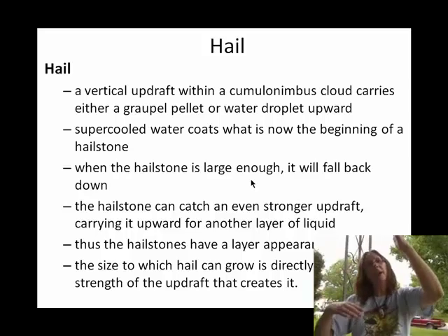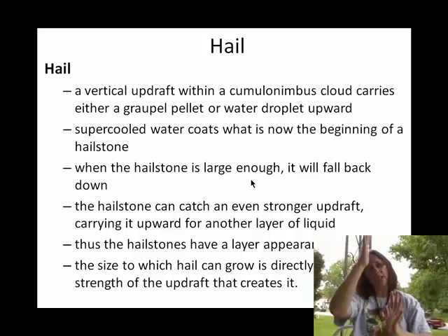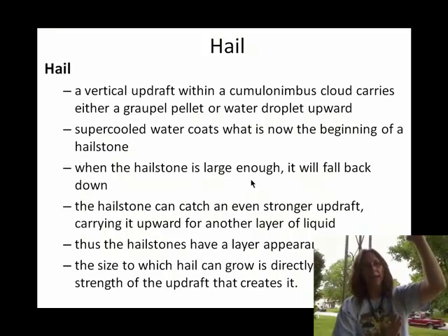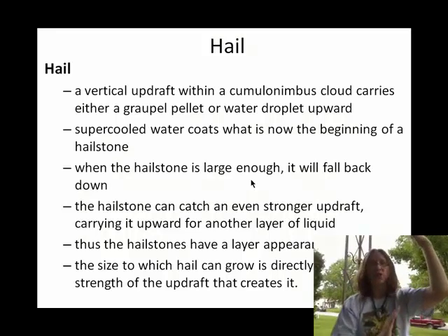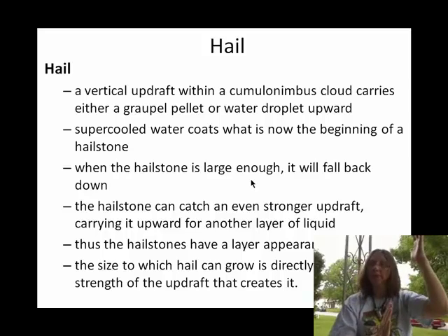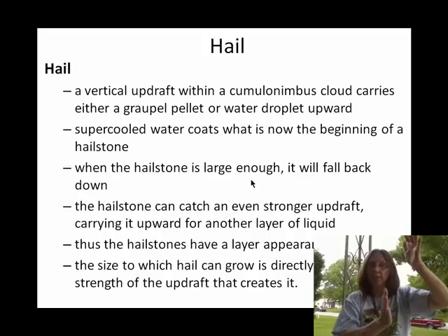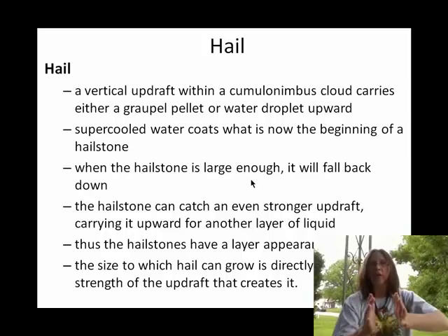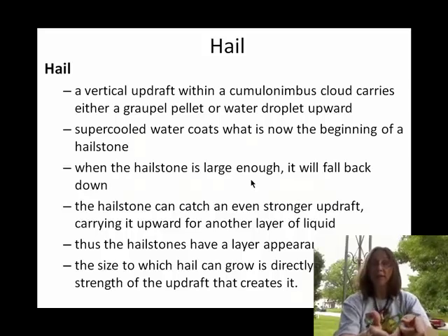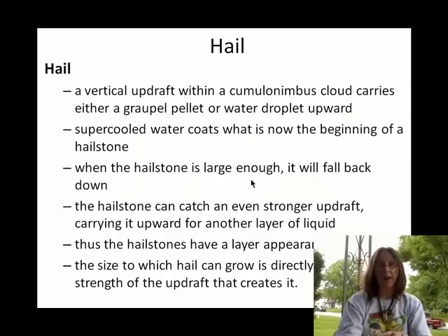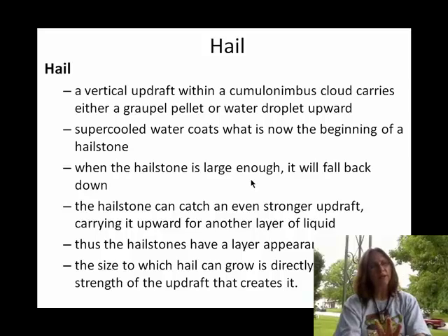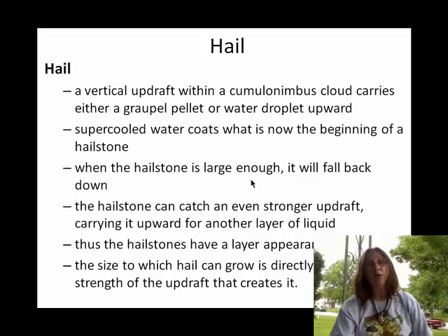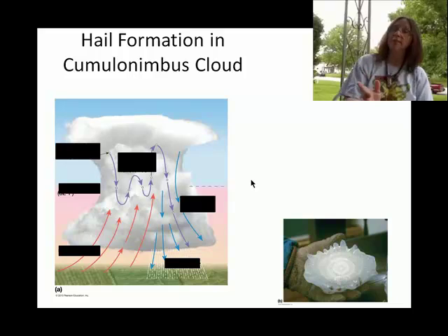There is an updraft and a downdraft, and it's that updraft and downdraft that gives us a charge separation, which gives us our lightning. It can also give us some rotation that can give us a tornado, and it gives us these balls that we call hail. I know it looks like sleet a little bit, but hail only comes from cumulonimbus clouds, and it's a different phenomenon.